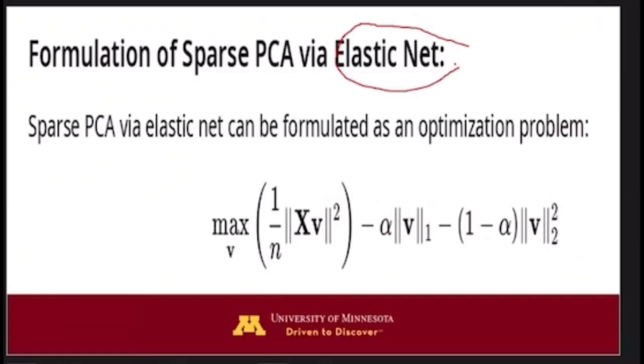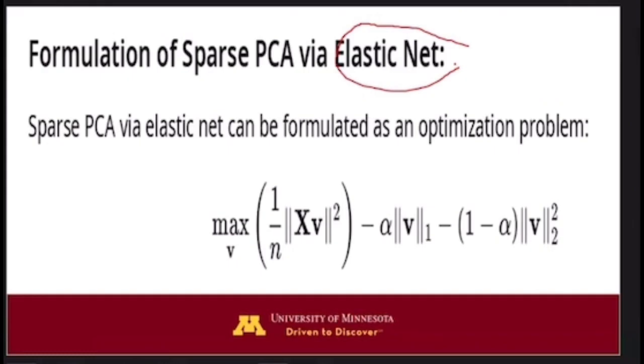And the tuning parameter is alpha. You know what I mean by tuning parameter? That tuning parameter is going to enable you to switch from lasso to ridge. But let me tell you this. When alpha equals 0, can somebody tell me what I am going to have on the board?